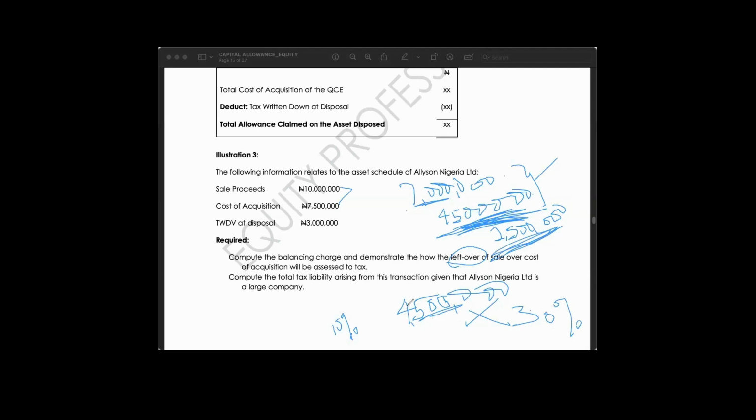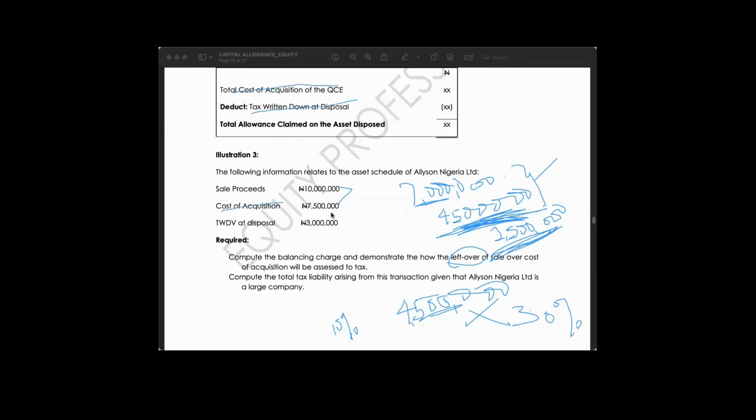Do you understand what I've explained? No, sir, I have problems. I don't understand how you get 4.5. 4.5 is the total allowance claimed on the assets. Sir, in the question, I didn't see it. It's the total allowance claimed on the asset. I have told you to get your total allowance claimed on the asset, it is the total cost of acquisition less tax written down value at disposal.